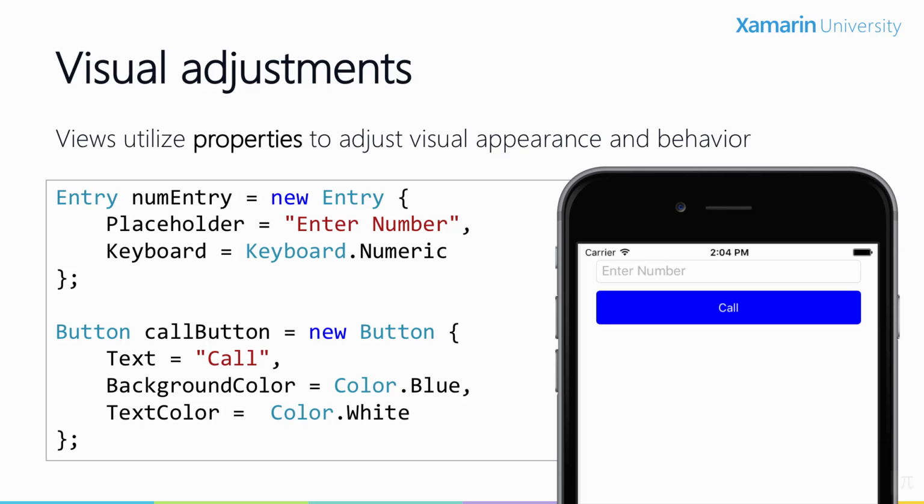So as you have probably noticed, our view classes have a lot of properties that we can use. These properties let you adjust the visualization. It will influence how a control will be rendered on a platform. And most of these properties will do exactly what you expect. But you've got to be aware that they can be interpreted differently on each platform.